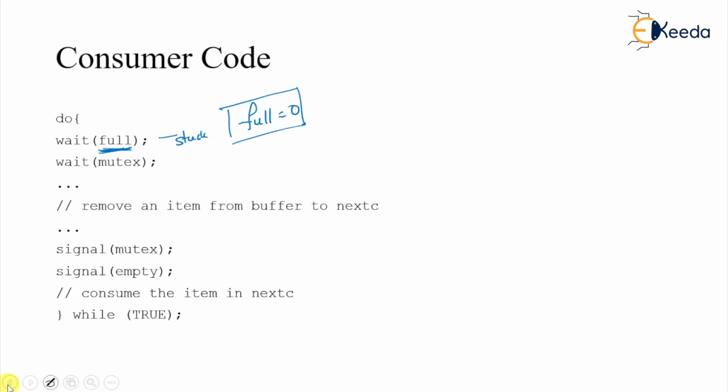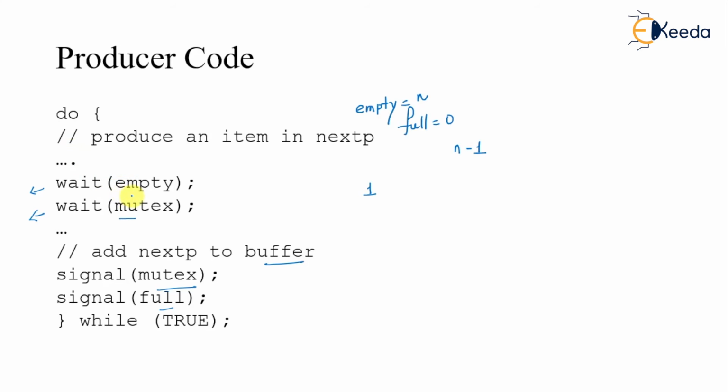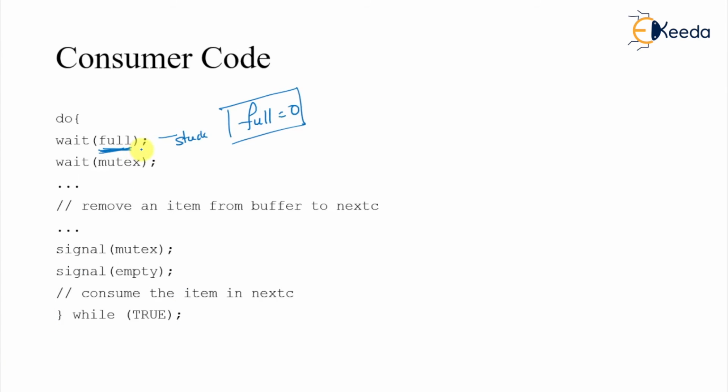Similarly, if the producer keeps on producing items and empty becomes 0, and in that case it wants to execute, then it will be stuck here. So the producer will be stuck if empty is equal to 0, meaning the number of empty cells is 0. And initially nothing is full, full is 0, so that will make sure the consumer is stuck. Wait mutex, signal mutex. And once it consumes an item, it will make the empty cell count increase.